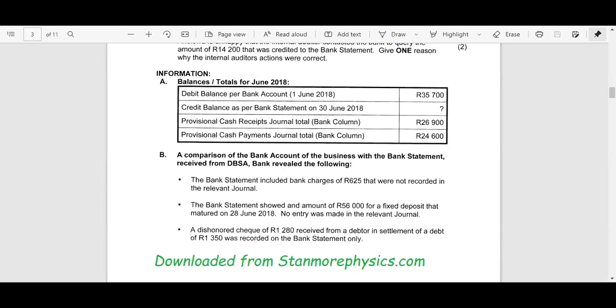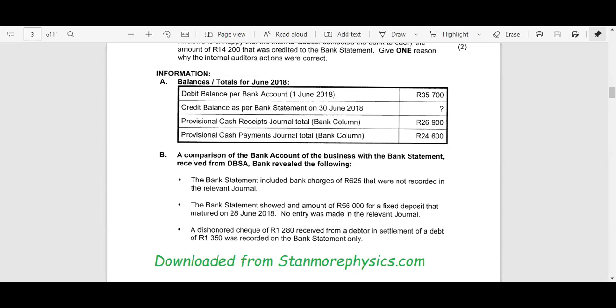It went back to 11. Wow. 35,700. I'm sure you guys can see better. Do you see the memo now?